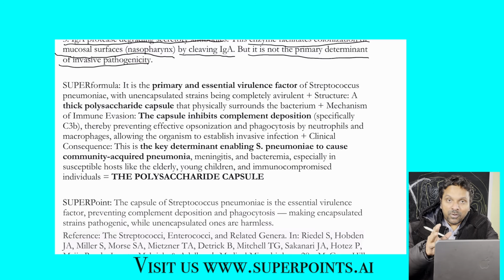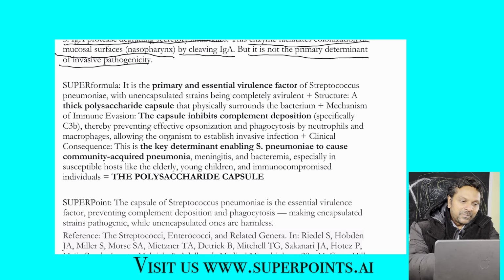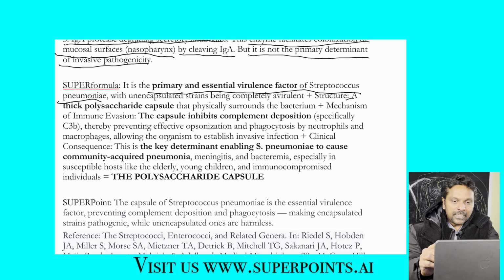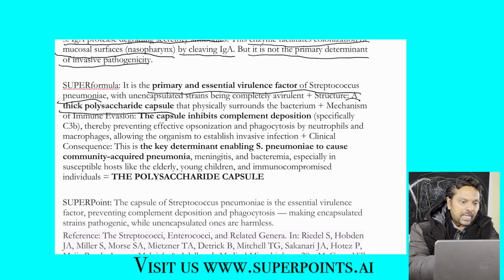So the super formula is how you can come to your answer by identifying the key points, the certain keywords. If you know these keywords, you can arrive at your answer in 5 seconds. For example, a polysaccharide capsule, the primary essential virulence factor of Streptococcus pneumoniae, a thick polysaccharide capsule.